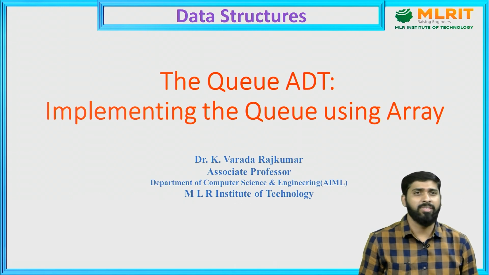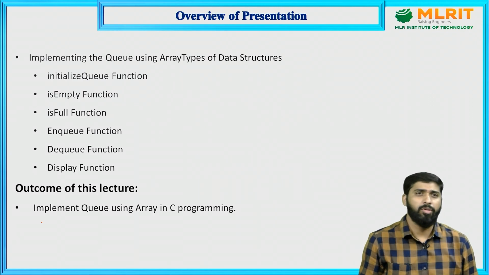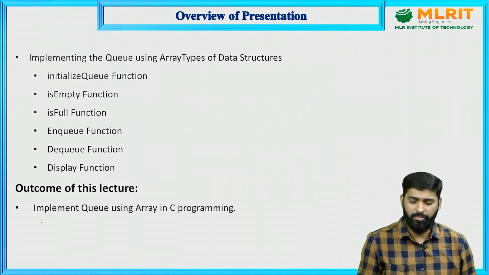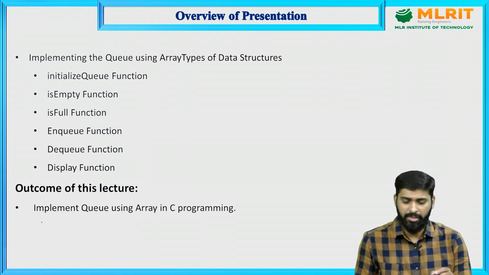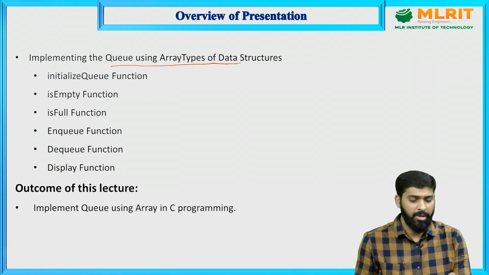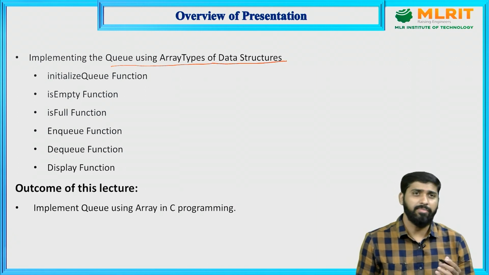In our previous class, we learned about the definition of queue and the different operations in queue. In today's presentation, we are going to implement the queue ADT using an array.